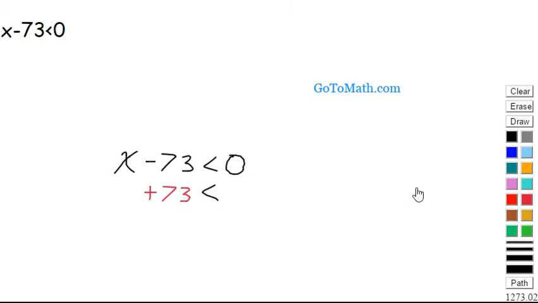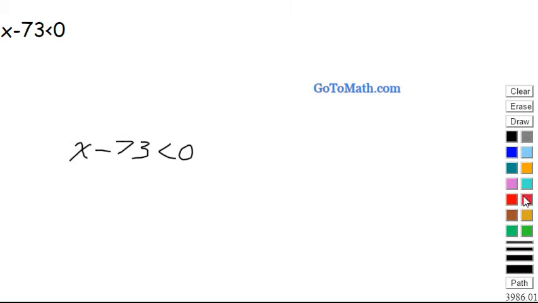so we can say this now, that 0 plus 73, what is going on? I don't want any problems. Okay, I don't know what happened there, but anyway. So we're adding 73 to both sides.